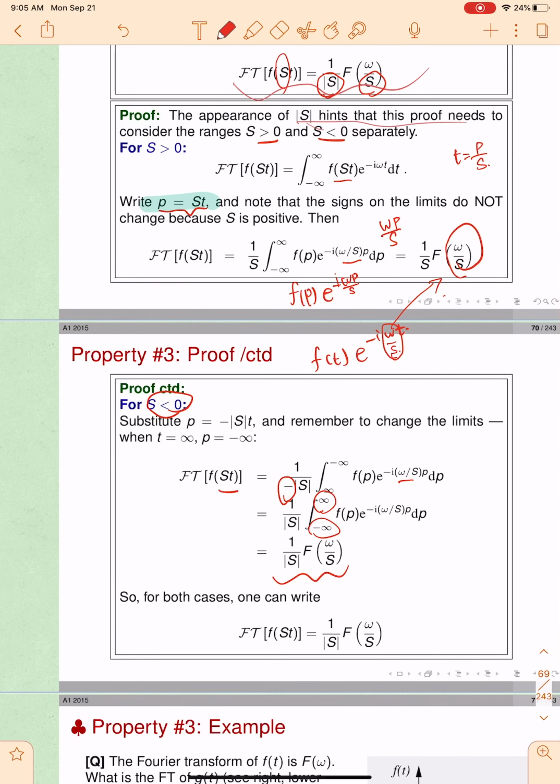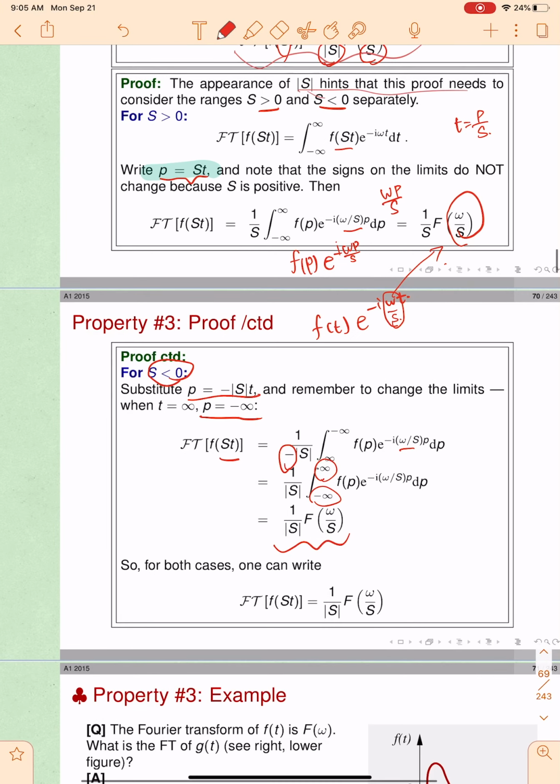Why does it have a minus sign, with minus infinity on the top? Because we let p equals st. Because s is negative, the modulus is still positive 1, but you add another minus sign, so p will become negative. So this is something that needs to be remembered.